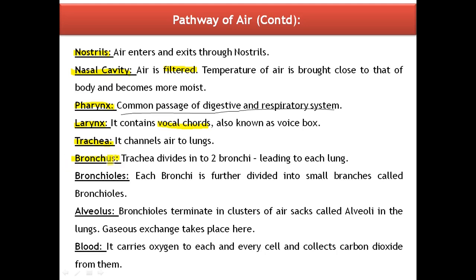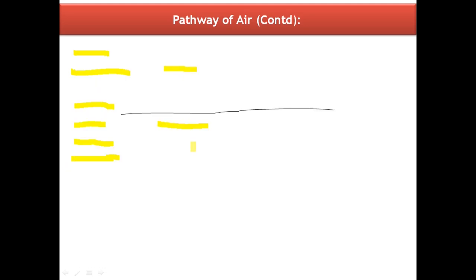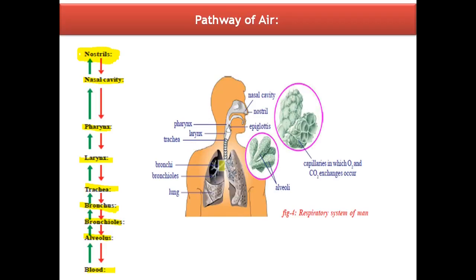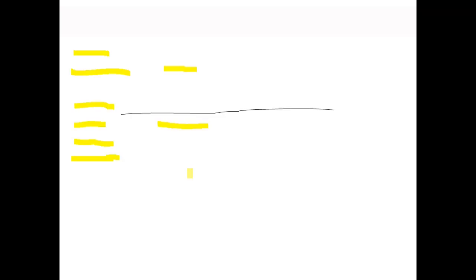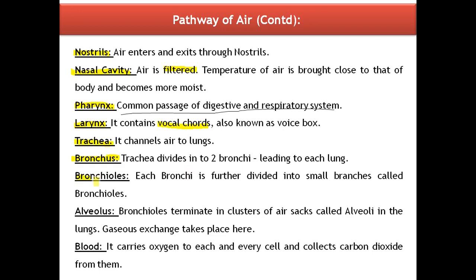At the lower end of the trachea, it divides into two branches called bronchi, and each bronchus enters into each lung. Bronchioles. Each bronchus is further divided into smaller and smaller branches in the lungs called bronchioles. So, the air reaches bronchioles from bronchus.